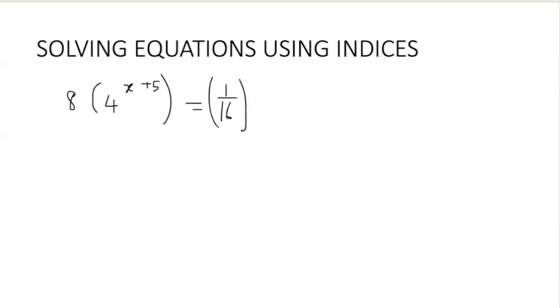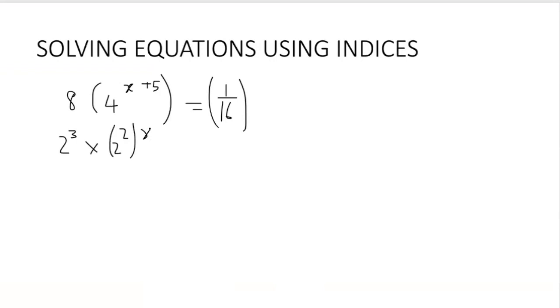Now we can divide by 8, but there are some students who would not like to see this because this is a fraction. So what can we do? We can change the base of the 8 to 2 to the 3, right? Multiplication. 4 is 2 to the 2.